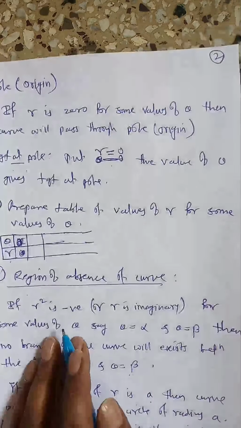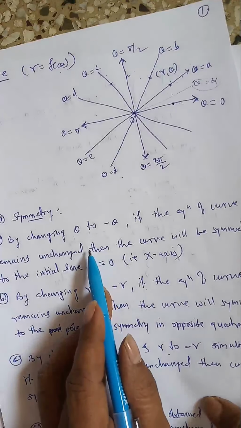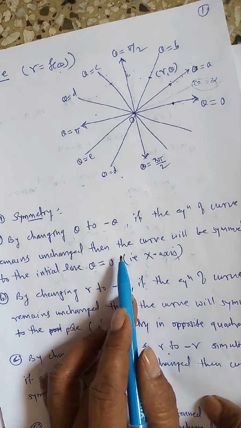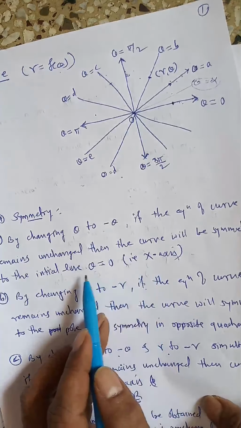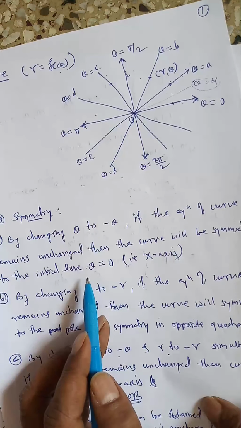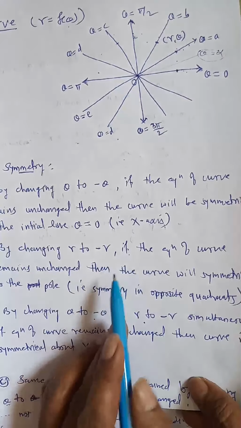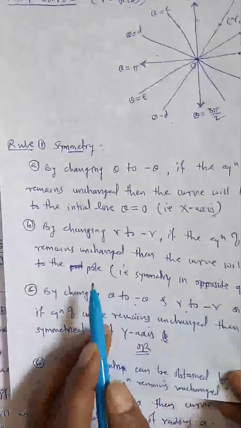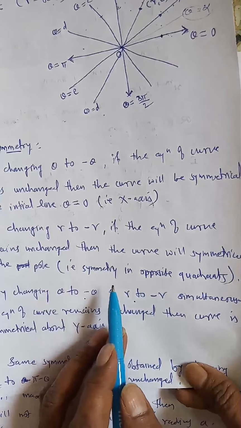Okay, so again, I'm repeating. See, symmetry: replace theta by minus theta. If the equation remains unchanged, then the curve is symmetrical about the x-axis, or you can say about the initial line theta equals 0. If we replace r by minus r and the equation remains unchanged, then the curve will be symmetrical about the pole, or you can say symmetry in opposite quadrants.